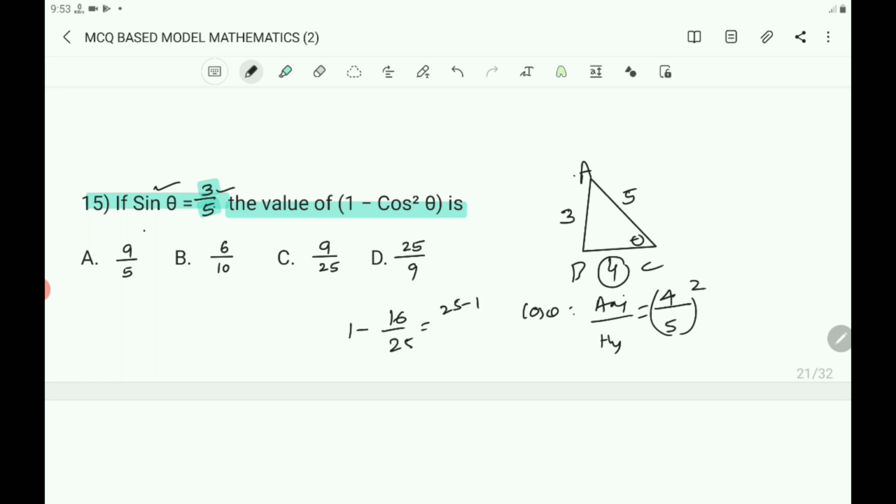LCM is 25 and the numerator is 1 into 25, that is 25 minus 16. You will get 9 by 15. What is the answer? Answer is 9 by 15.